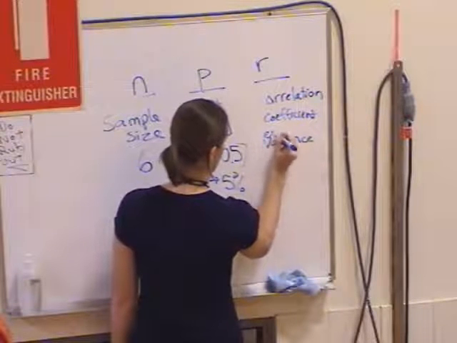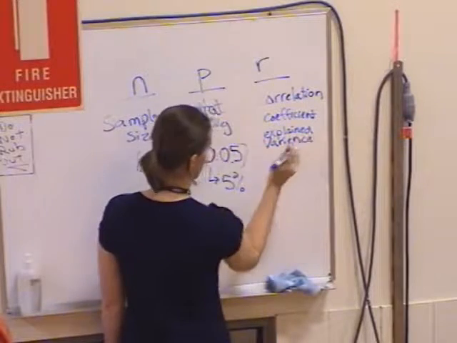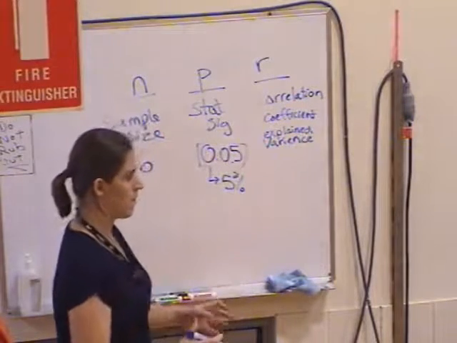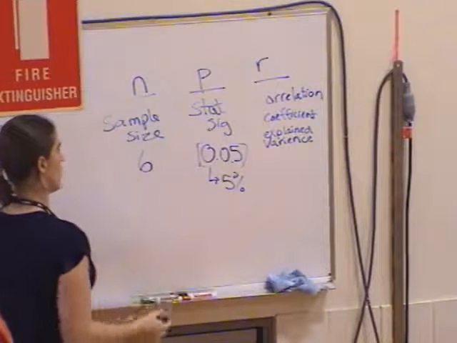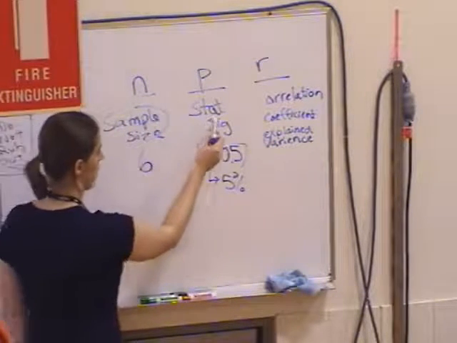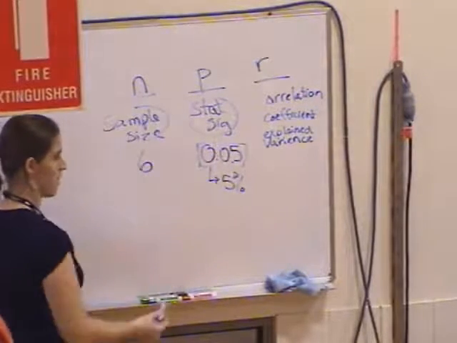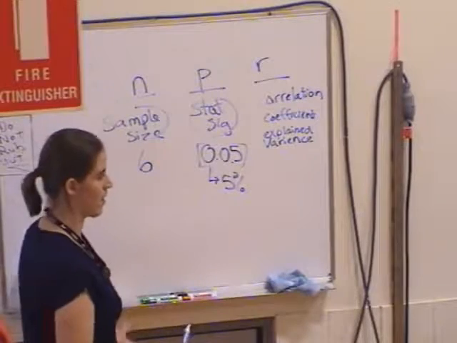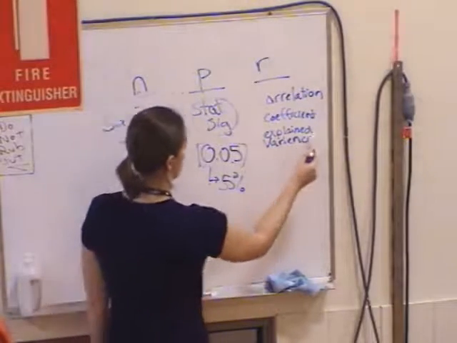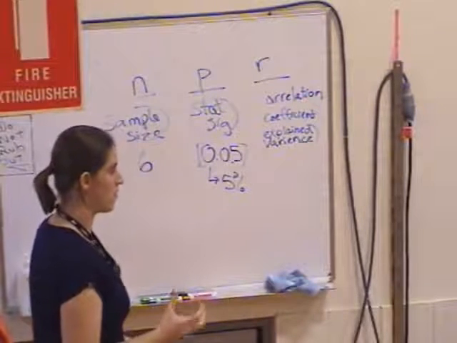So it tells you explained variance. Now I'm going to show you a bit more what I mean by explained variance. But if you can remember that N is the sample size, P is the statistical significance, which means the percent that it would happen just by chance, and R is the explained variance, those are the three main things that you need to remember about stats.